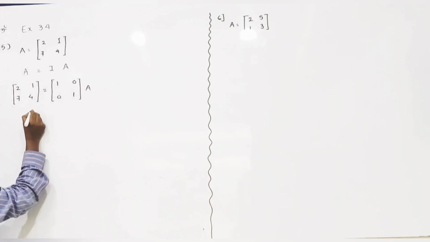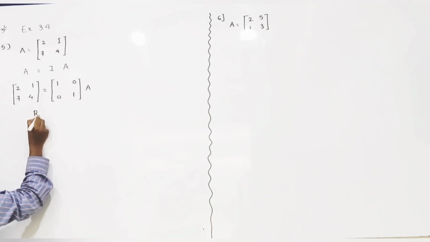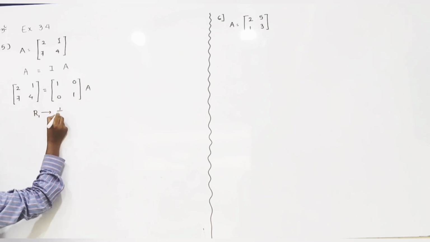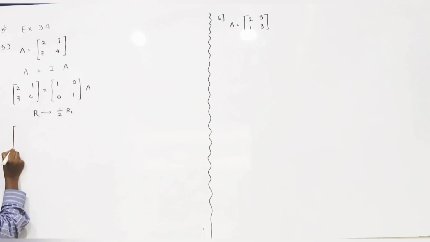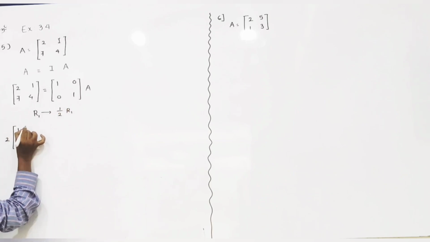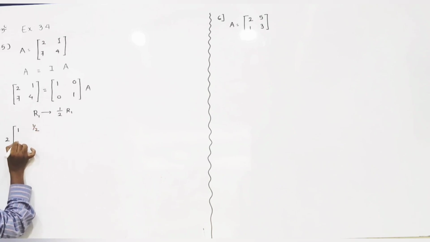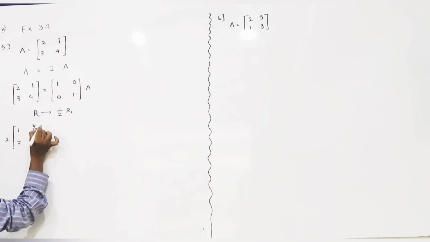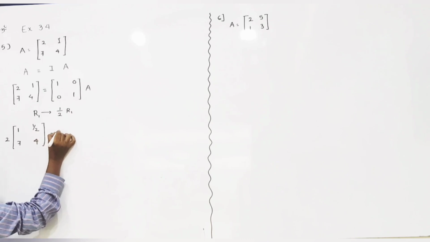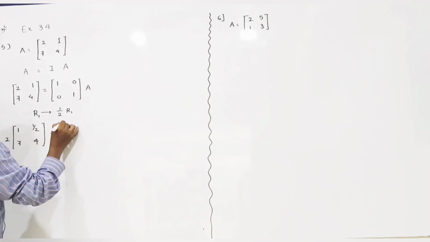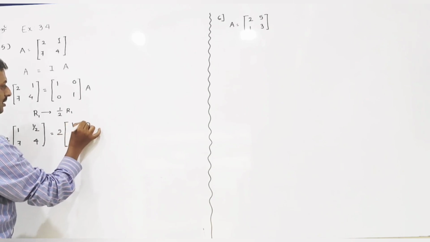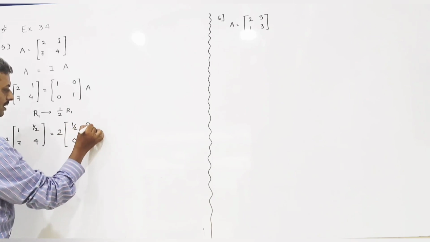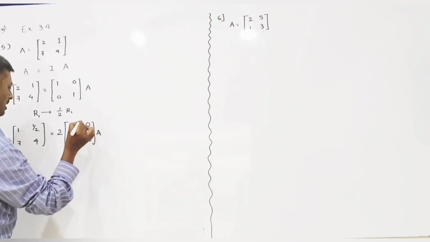So what I am going to do, from row 1 I am taking common 2. So it becomes 1, 1/2, 7, 4. Here also we have to do the same process. So 2 is common. So 1/2, 0, 0, 1 into A.